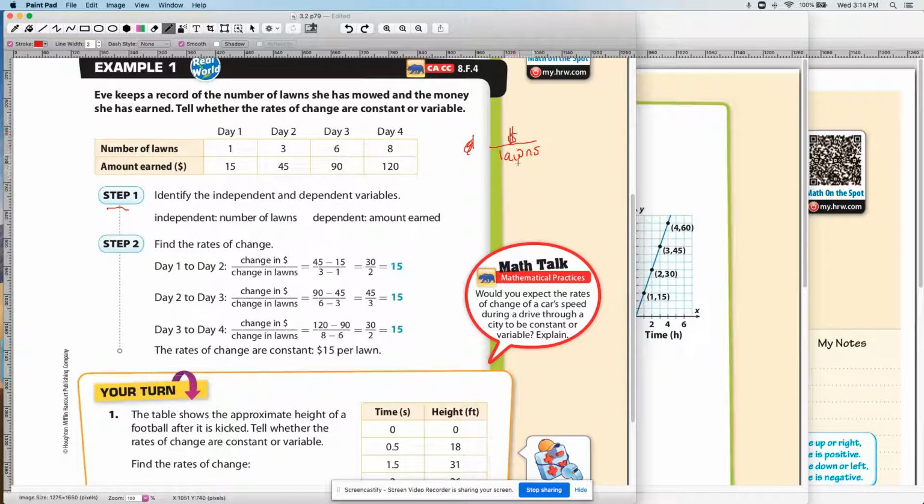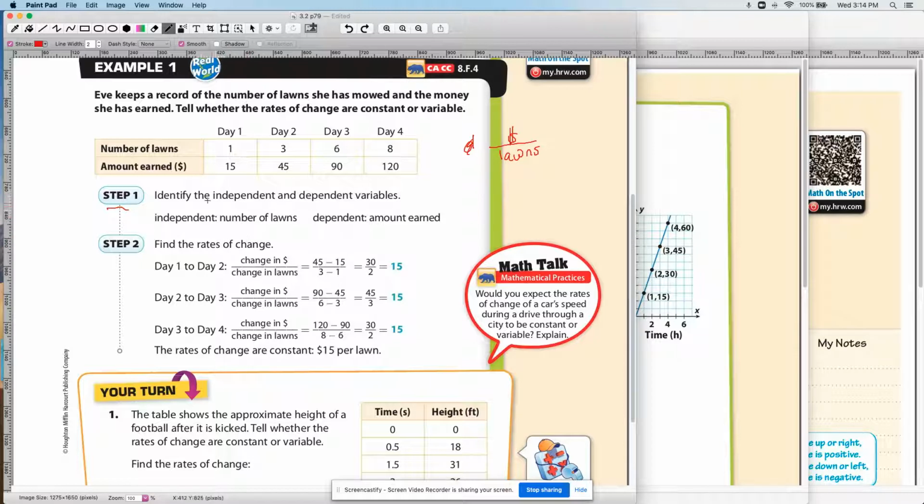The money depends on the lawns. If she mows one, she gets $15. So the money goes on top in the numerator, and the number of lawns is independent, so it goes in the denominator. She can mow 0 lawns or she can mow 10 lawns, and that is going to be the independent variable. And the money she earns is dependent on the number of lawns.